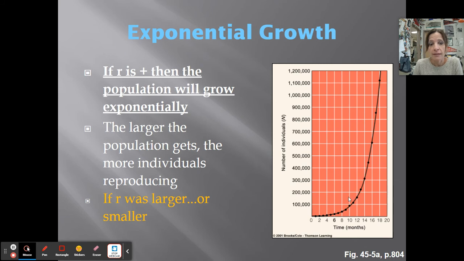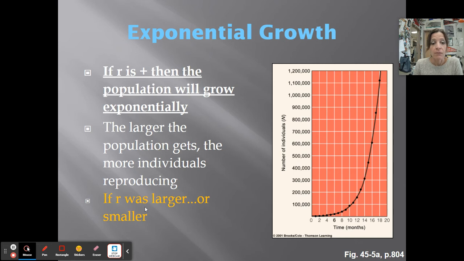Okay, so exponential growth looks like this. It's a J curve, and if R max is positive, it's always going to grow exponentially. And the larger the population gets, the more individuals are reproducing, and that's why your slope is larger.